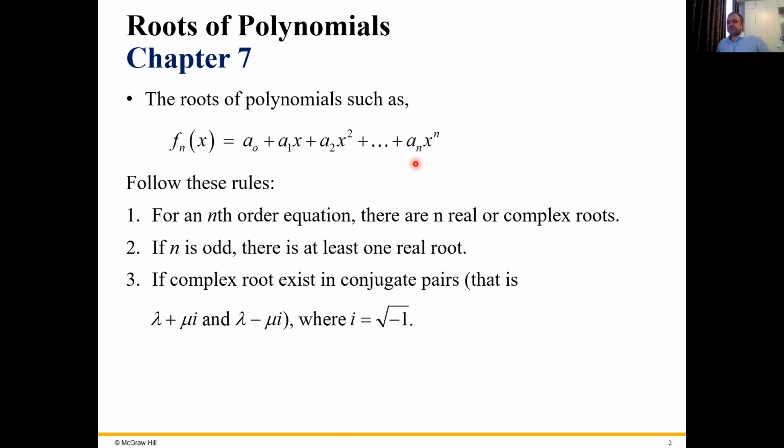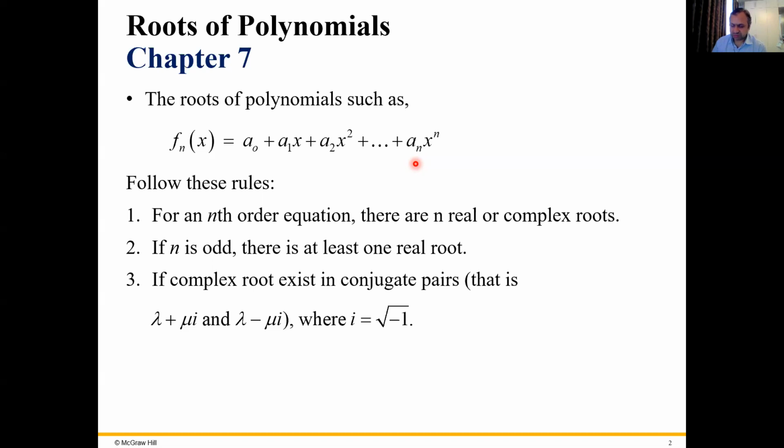Due to their specific form, these types of equations have some extra methods by which we can solve them. So in this chapter, we will learn about those special methods for finding the roots of the polynomial equations.